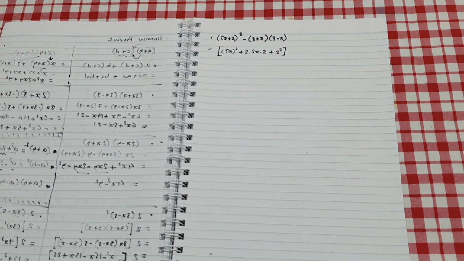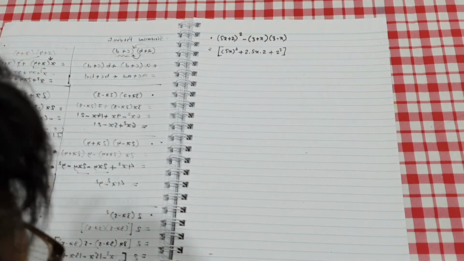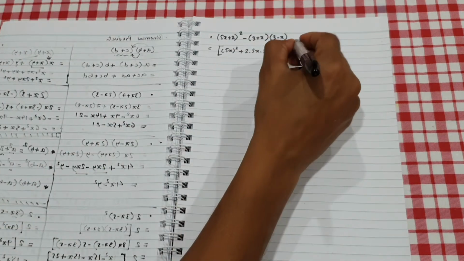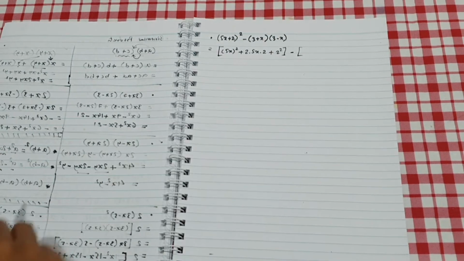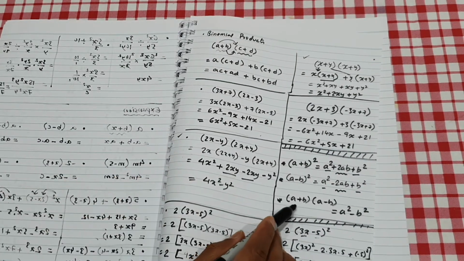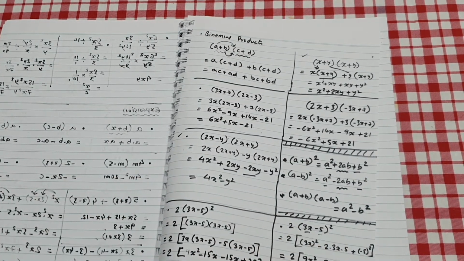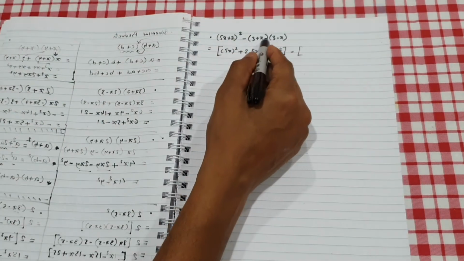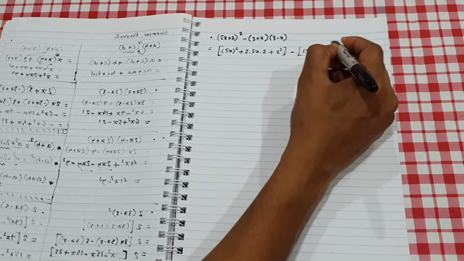This is what we've done. Now, if you take this minus, we can use this as this formula. A plus b times a minus b, and the answer is a squared minus b squared. This is a plus b and a minus b. A squared minus b squared is 3 squared minus x squared.